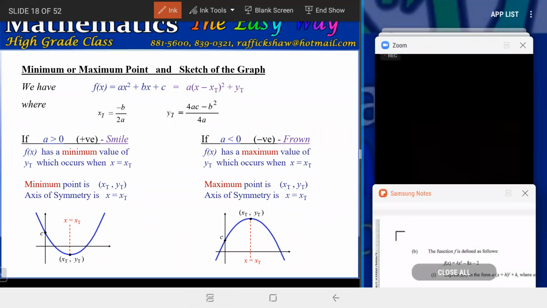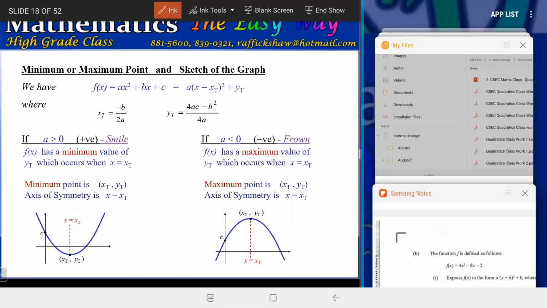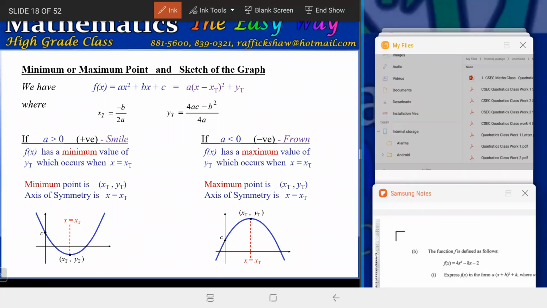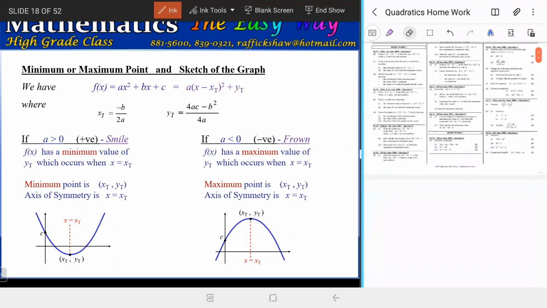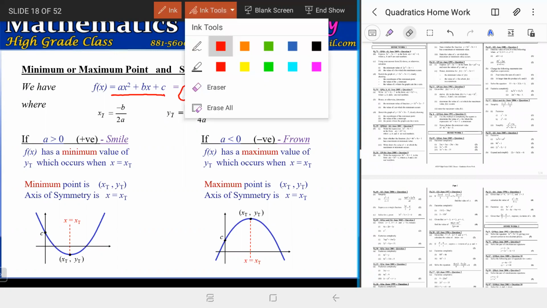So this is a homework page. What we said is that if we have this standard form, we can get to this vertex form over here by the process of completing the square.